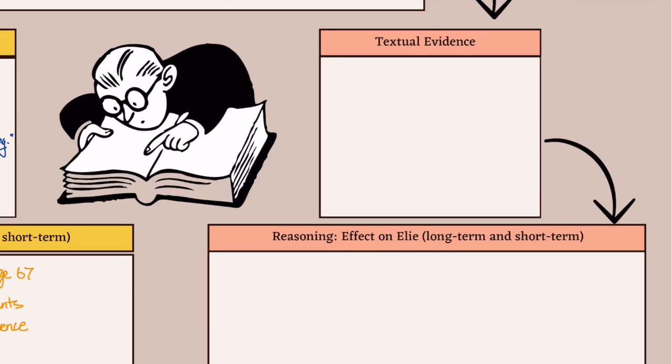Why don't we go ahead and look at our last piece of textual evidence? There are so many different ways we can take the hanging of the Pipal, but I think I want to focus on the dehumanization of not just Eli, but, Eli notices something right before the child is hung.